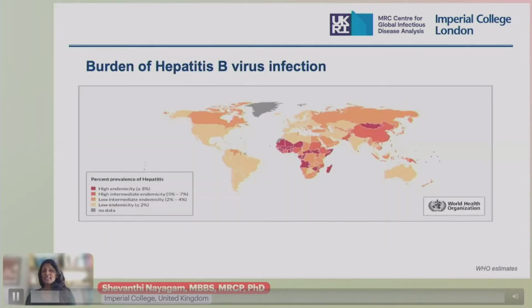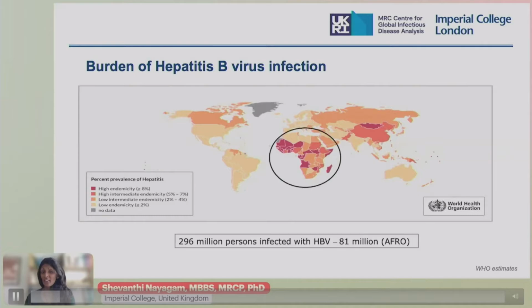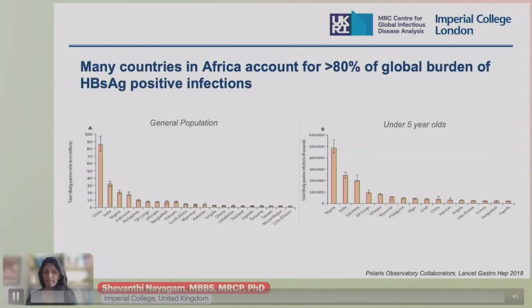So hepatitis B, the burden we know is very high globally, with nearly 300 million persons infected with the virus and about 81 million living with hepatitis B in WHO Afro region. Many countries in Africa actually account for more than 80% of the global burden of hepatitis B surface antigen positive infections.